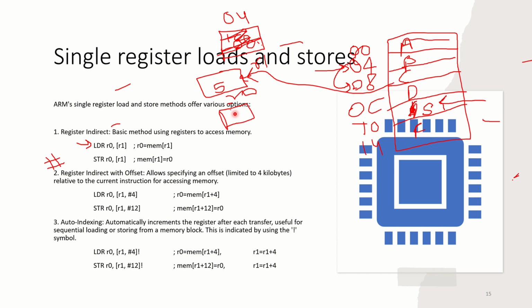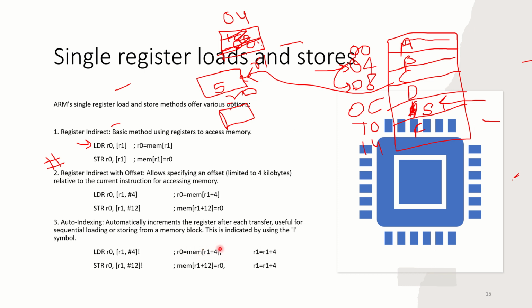So how to write this? The syntax is we have to add an exclamation mark. You can see here an exclamation mark is added. So if I write LDR R0, R1, #4 with the exclamation mark, this is similar to register indirect with offset: R1 plus 4, the value at that memory is loaded into R0.